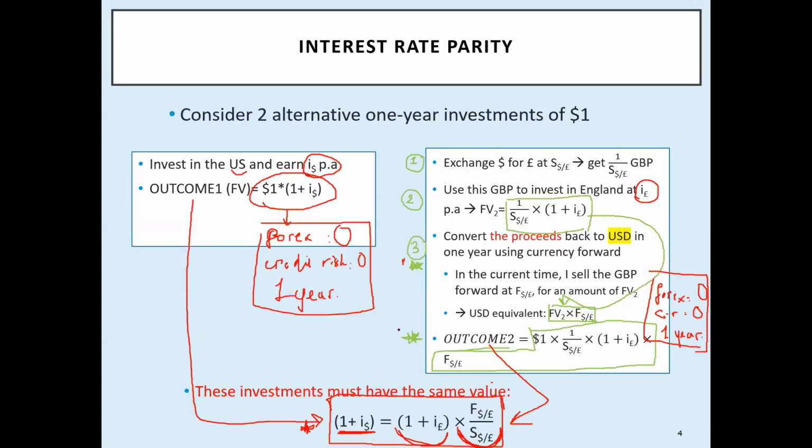So in the next slide, we'll look at how to prove the interest rate parity condition using arbitrage, okay? So what we're seeing here is that we are saying that this condition has to hold. So this equation has to hold, otherwise arbitrage would happen, okay?